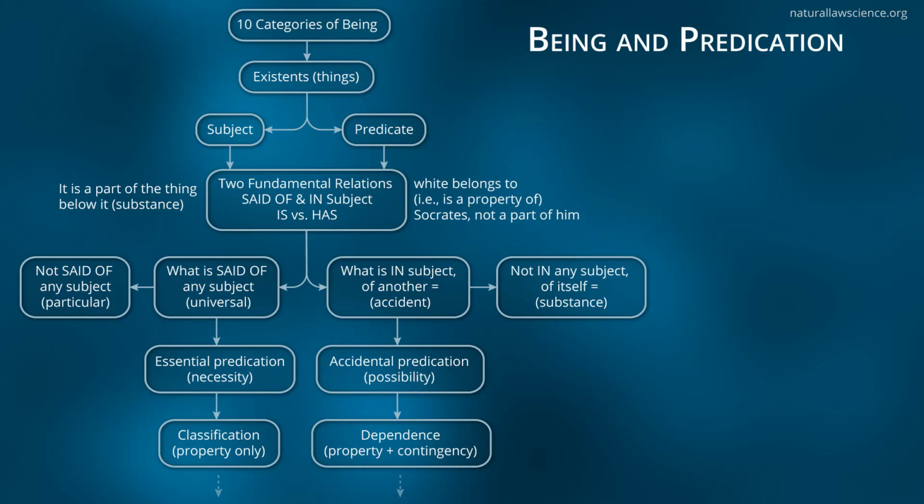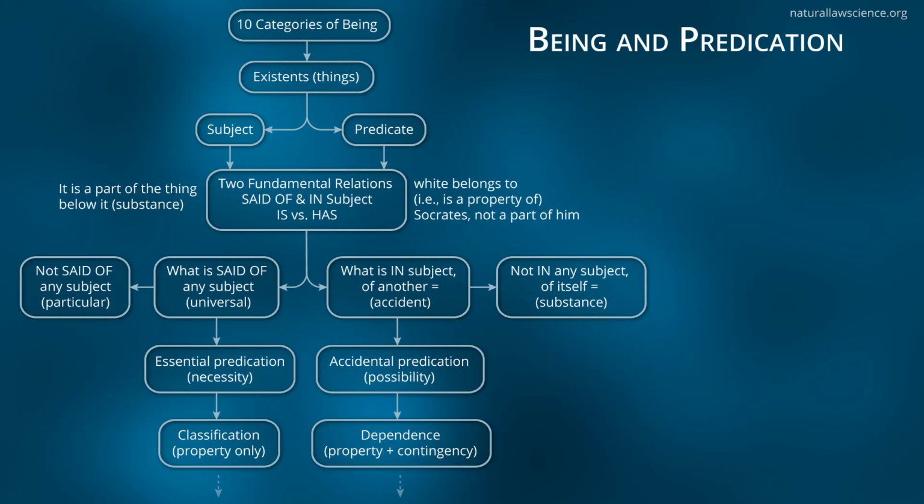So color or animals. And then accidents is not a classification. It deals with properties and the contingencies of those properties. Something is contingent upon something else. It's dependent upon something else. It doesn't exist in itself like a substance. It's an accident. This is what is in another. And if it's not in another, then it's a substance, because it's said of or is another.